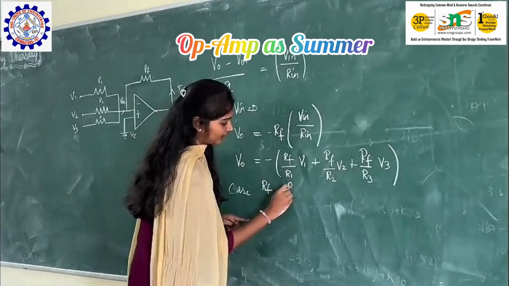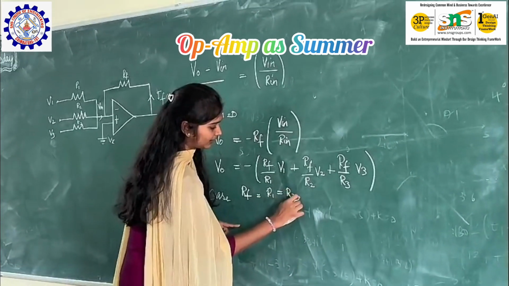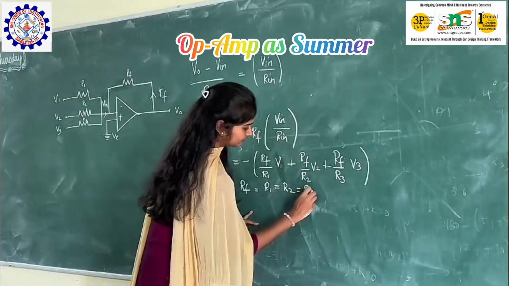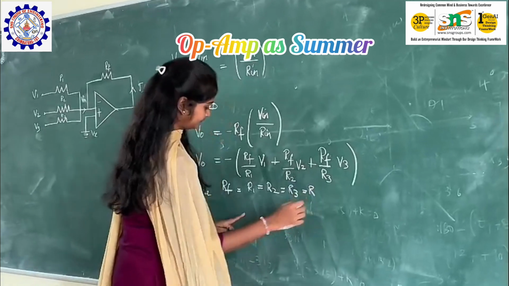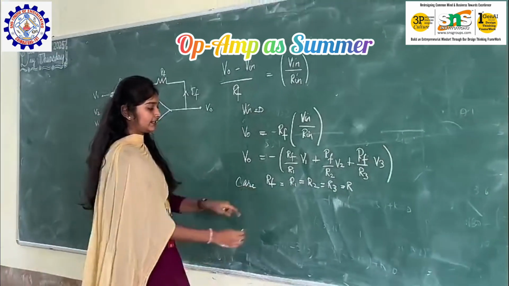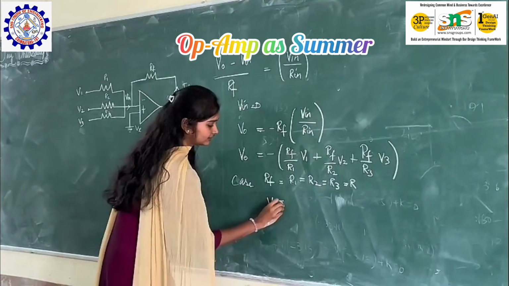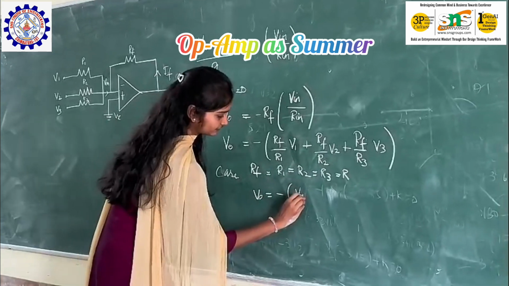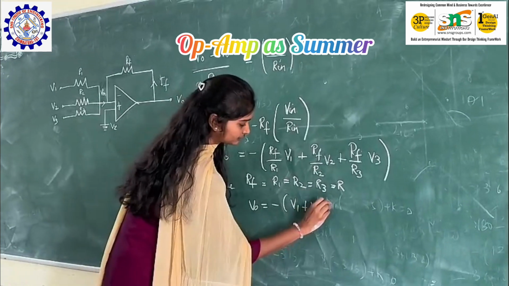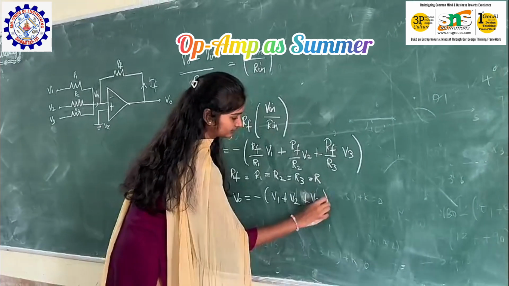If R1 equals R2 equals R, then finally V0 will be minus of V1, V2 and V3.